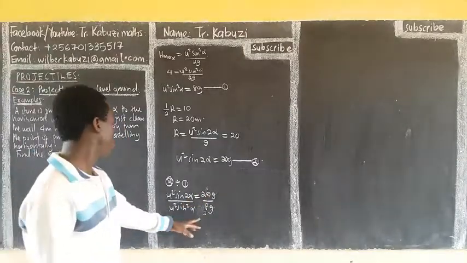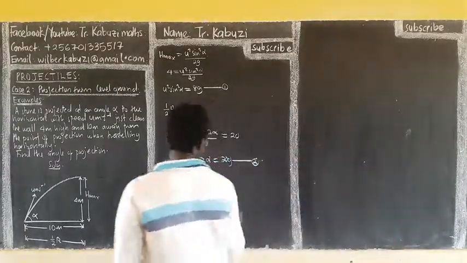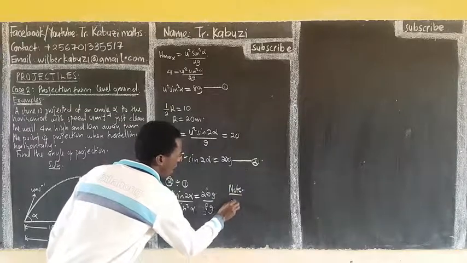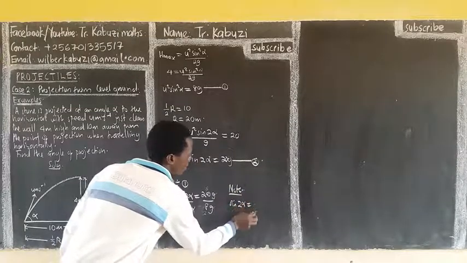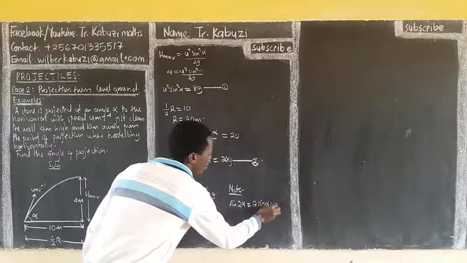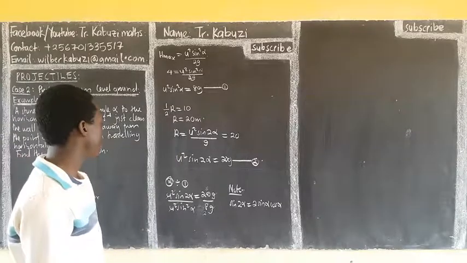Sine 2 alpha is the same as 2 sine alpha cos alpha, as simple as that.